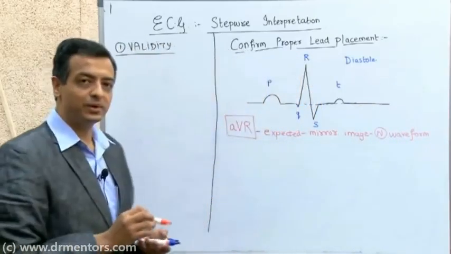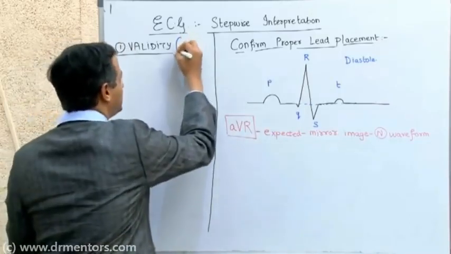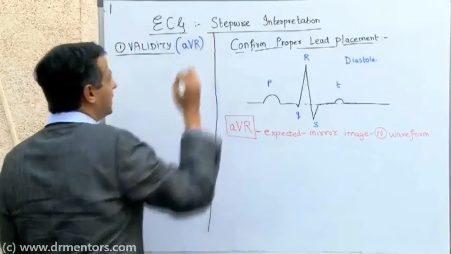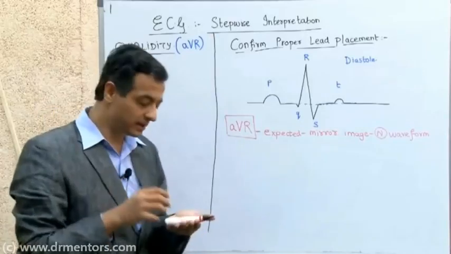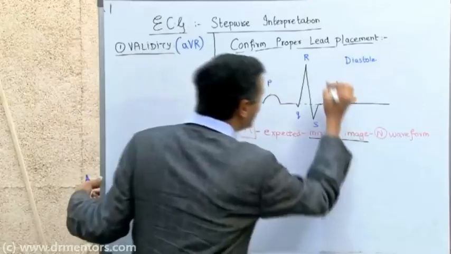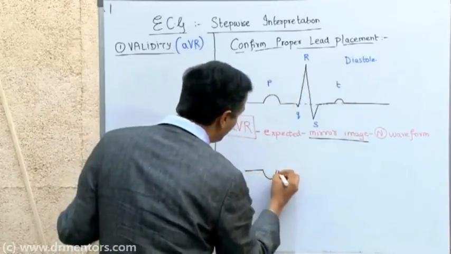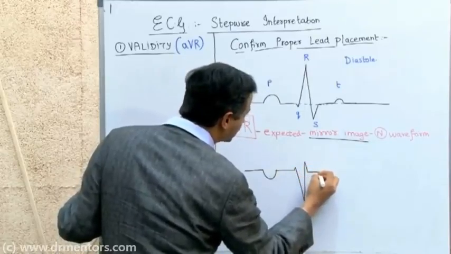So what am I going to do? Number one step, validity of the ECG is checked on the lead AVR. And what am I going to see? The P wave inversion, because what is expected? Mirror image of the normal waveform. So we are going to see inverted P wave and the QRS complex like this.